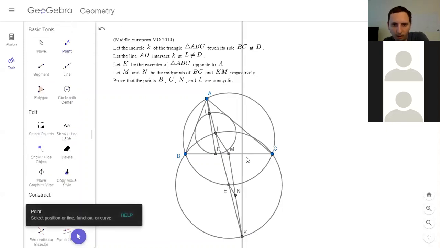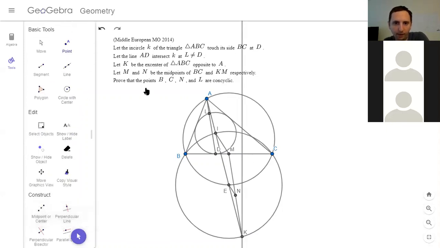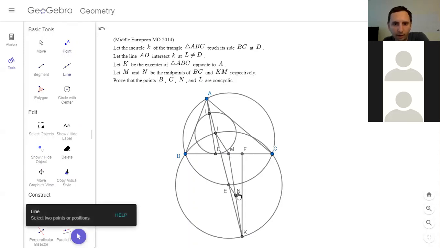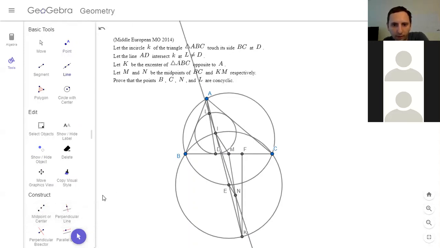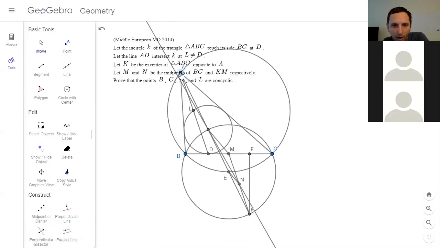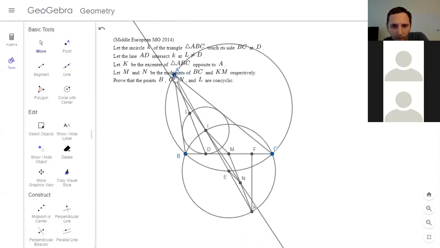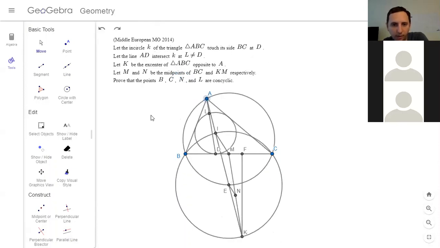So DM is equal to MF then, right? Are N, I, and L collinear? I think they are. Let's see. No. It looked like it, but not necessarily.